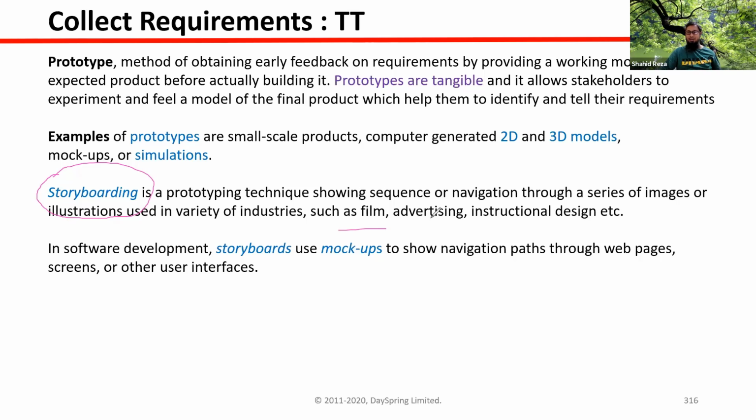In films or creating advertisements, we try to create storyboards, handwritten pictures, of how the scene will look. We design that scene using freehand or some tools, and that is known as storyboarding. Then we film that scene with the real actors. So storyboarding is also a prototype.